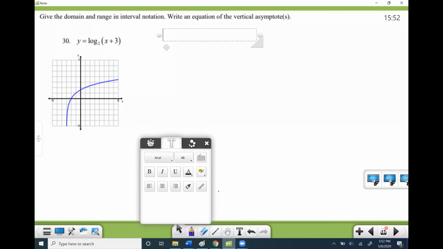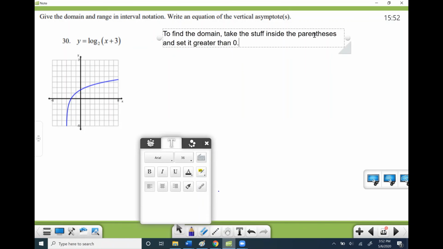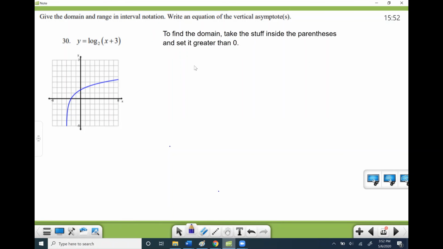Okay, so in this case, we're going to make x plus 3 greater than 0. So we solve that and we take away 3 from both sides. We just get that x is greater than -3.